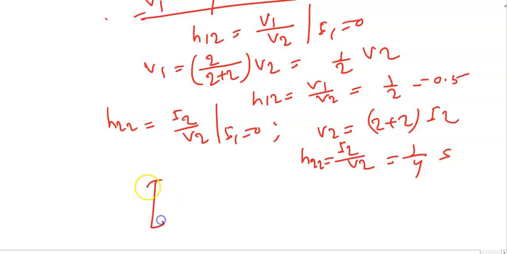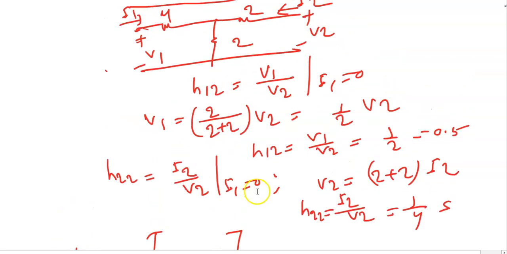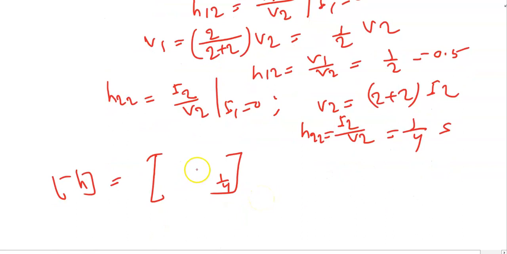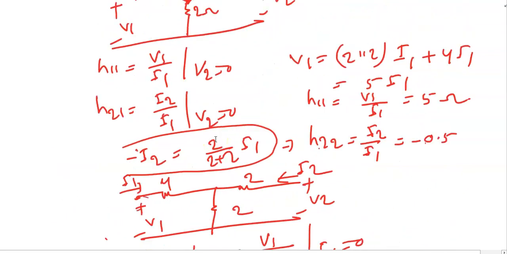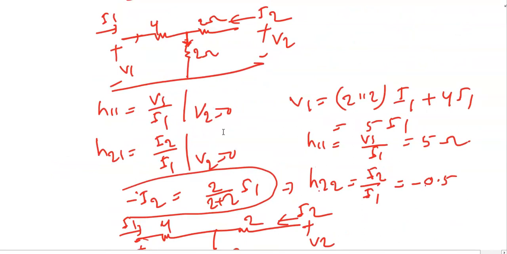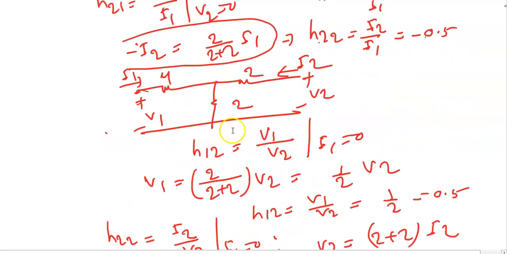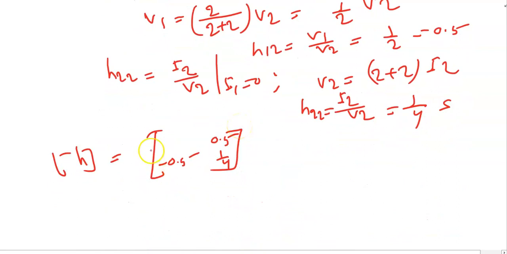So finally we have the H matrix: H11 was your 5 ohm, H12 which is 0.5, then minus 0.5, then 1 upon 4.